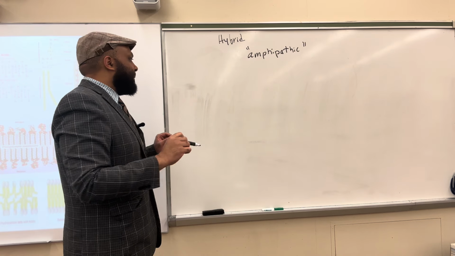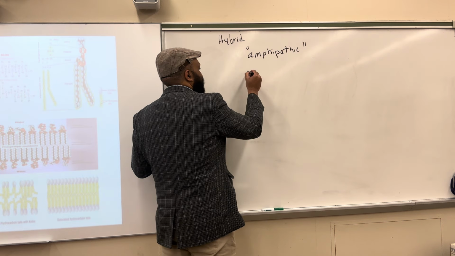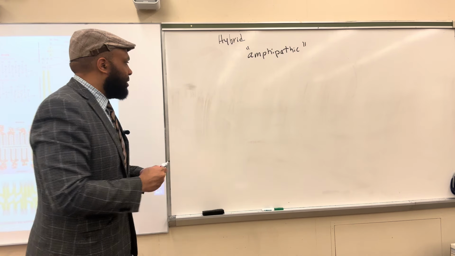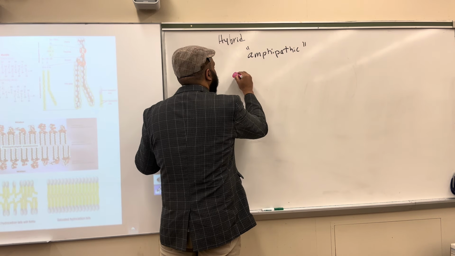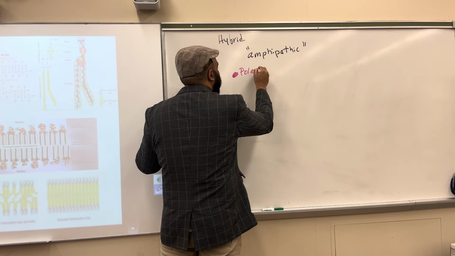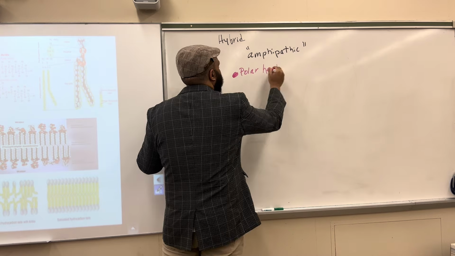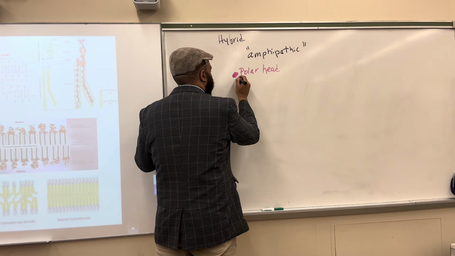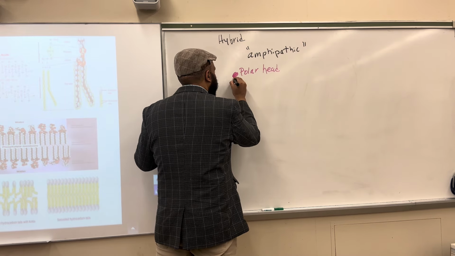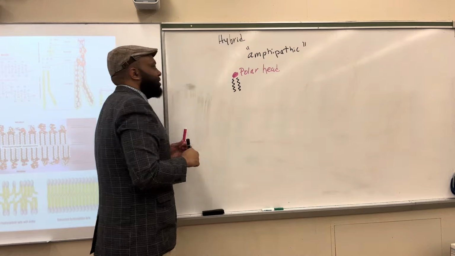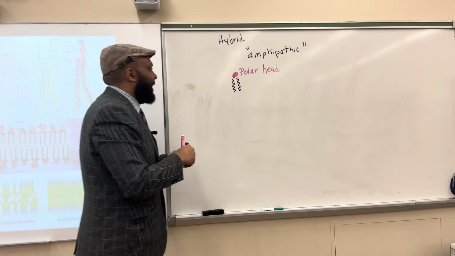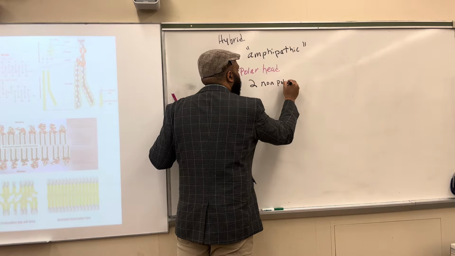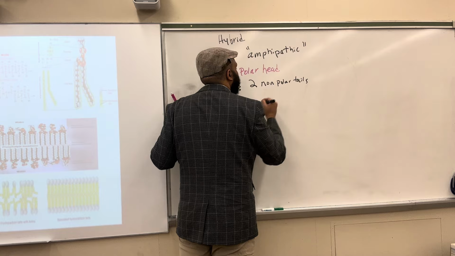Meaning, the plasma membrane has a polar head, and it has two non-polar tails. One tail, two tails. So it has one head and two non-polar tails.